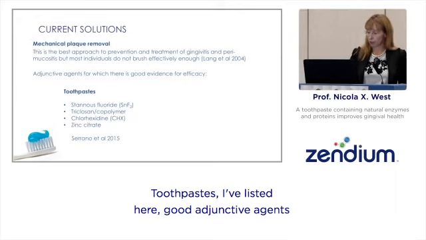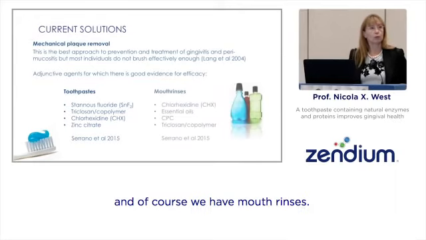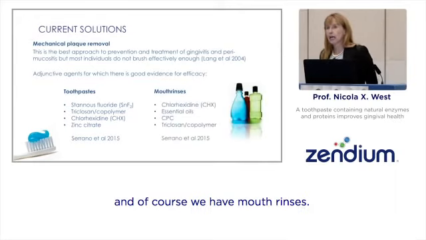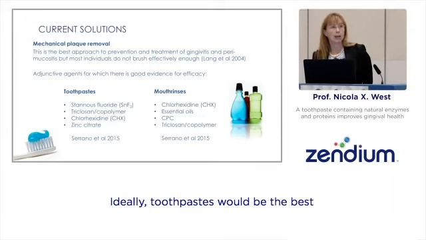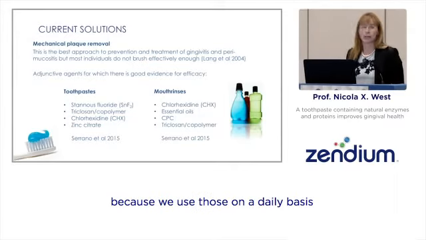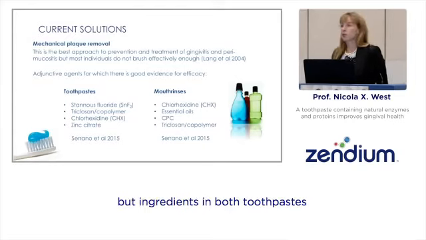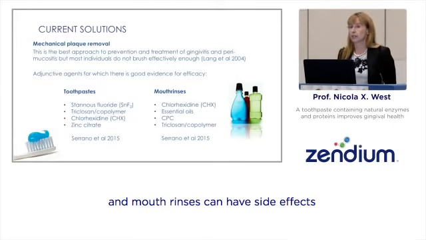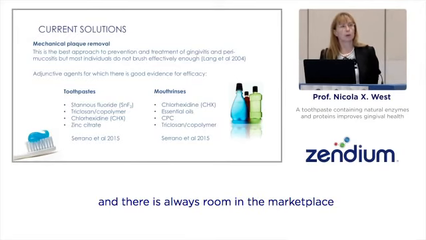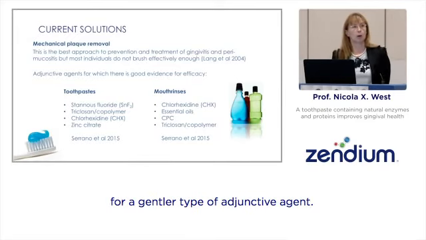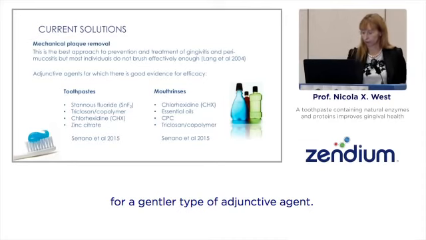Toothpaste, I've listed here good adjunctive agents, and of course we have mouth rinses. Ideally, toothpaste would be the best because we use those on a daily basis. But ingredients in both toothpaste and mouth rinses can have side effects. And there's always room in the marketplace for a gentler type of adjunctive agent.